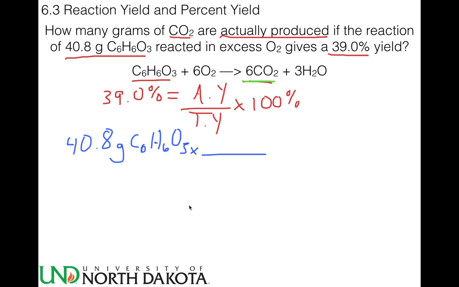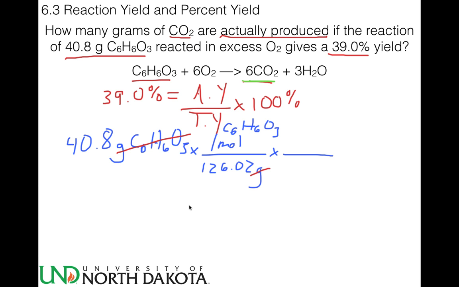We're going to put the grams on bottom. That 126.02 grams goes on bottom, and the 1 mole of C6H6O3 goes on top. Grams cancel out, and now we're in terms of moles.